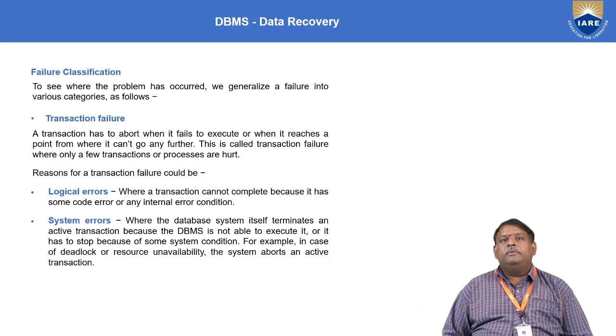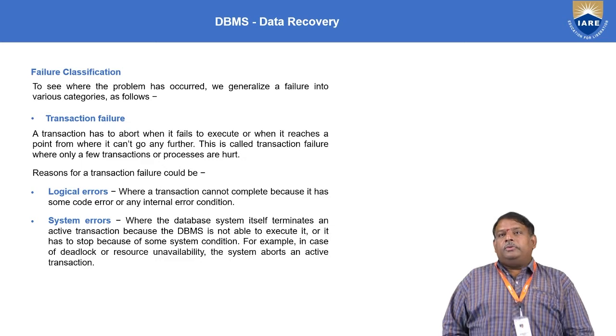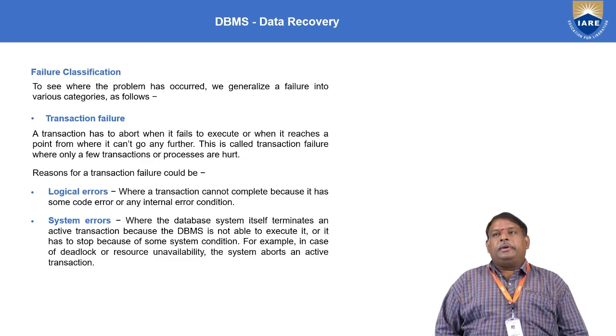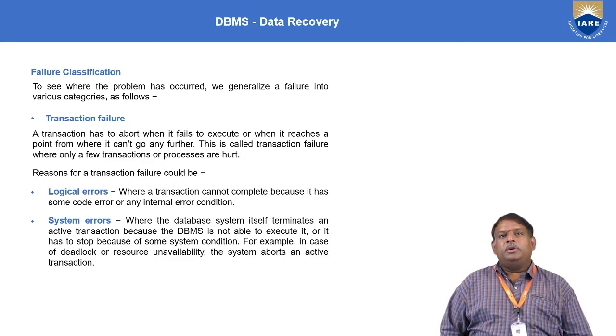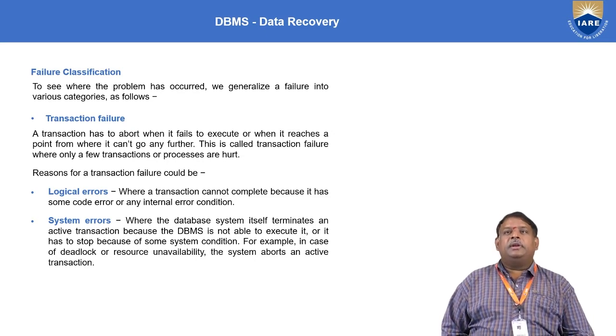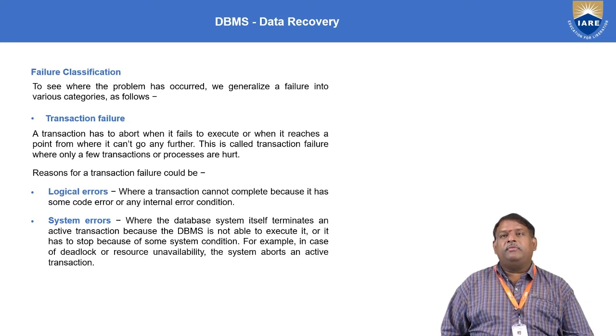We'll see a few categories to see where the problem occurred. To see where the problem occurred, we generalize failure into various categories as follows: transaction failure, system crash, and disk failure. First, transaction failure.